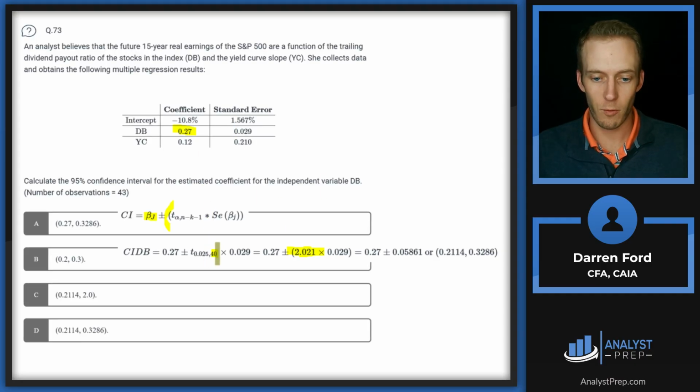We grab that for 40 degrees of freedom, since we have 43 observations and 3 degrees of freedom for the number of variables. And then our standard error, which we are also given, is 0.029. This is what we're adding and subtracting from 0.27. When we do that, we get 0.2114 and 0.3286, which lines up with answer B.